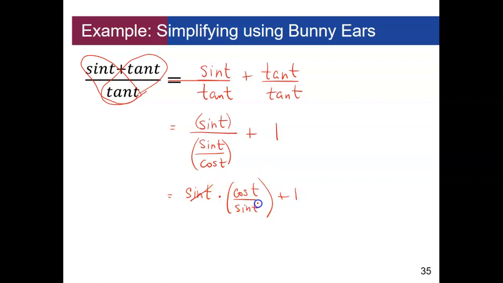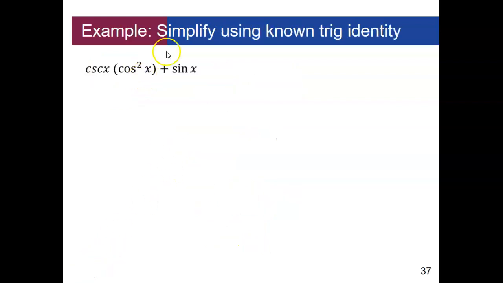Okay, the signs are going to cancel, and so my simplified expression is going to be cosine plus 1. Okay, if we look at this one, we've got cosecant times cosine squared plus sine of x. This is one that I'm going to start by substituting for cosecant of x.